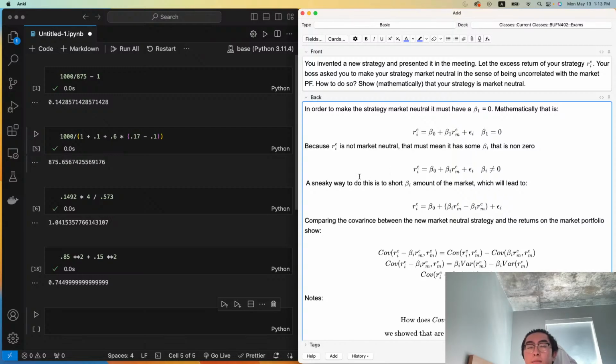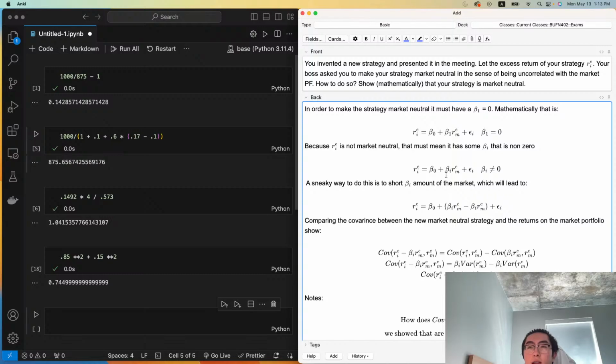And because our strategy is not market neutral, that just means it has some beta_i that is non-zero right now. So this is how we can express the returns as a linear regression, or a linear model, and beta_i here is positive or negative. It's just non-zero. So that means it has some correlation to the market.